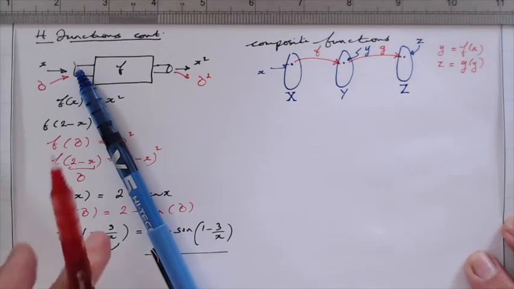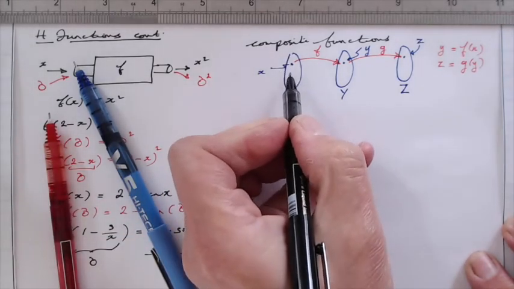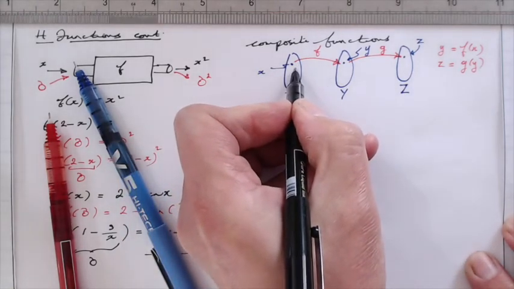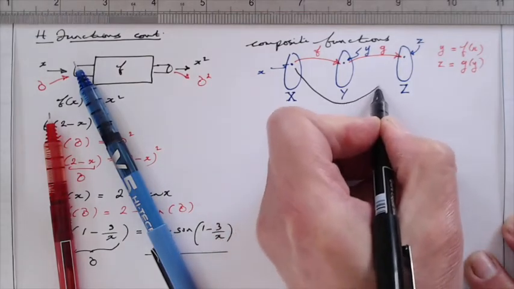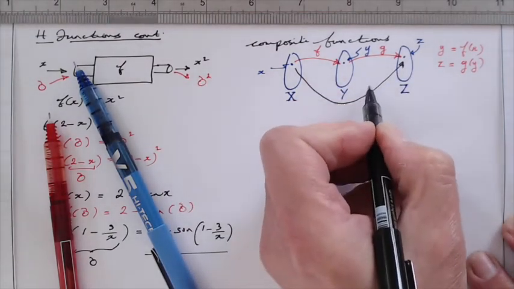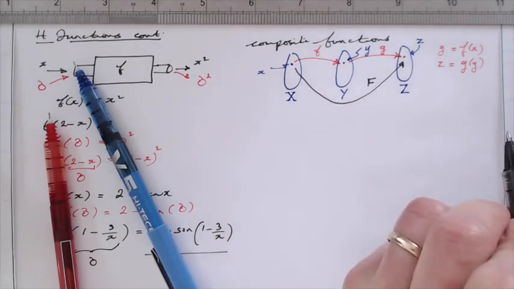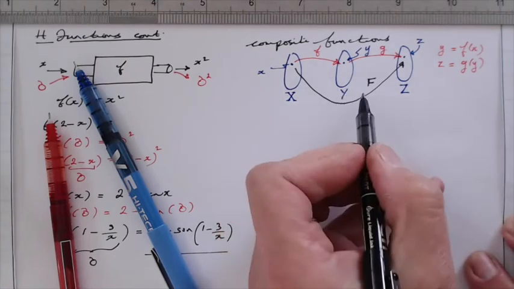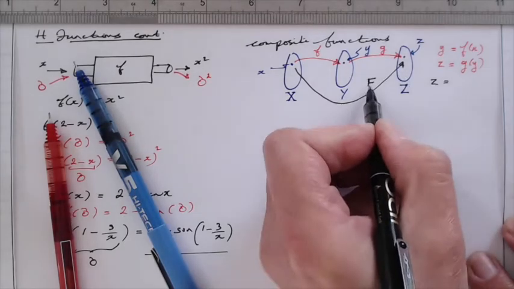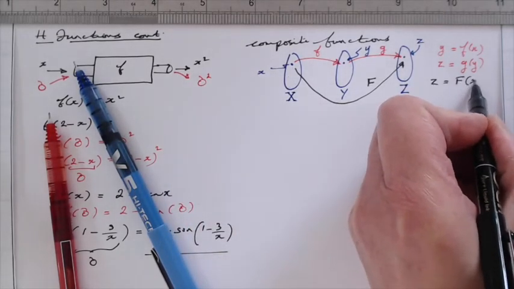But we can also imagine that there is just a direct mapping between set X and set Z, a mapping that takes you straight from element x to element z, and let's call that capital F. In which case we could just write that z can be obtained immediately by applying this mapping F to the element x.